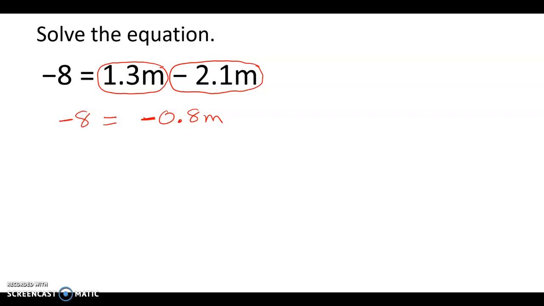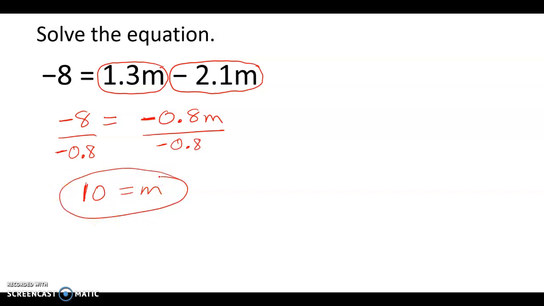To get rid of that negative 0.8 touching the m, I'm going to divide by negative 0.8. Do that to both sides. So I end up with negative 8 divided by negative 0.8. If you did it correctly in the calculator, you would get positive 10. So m equals 10.